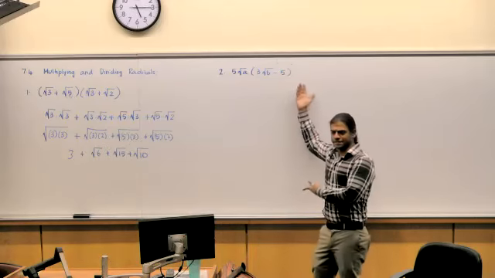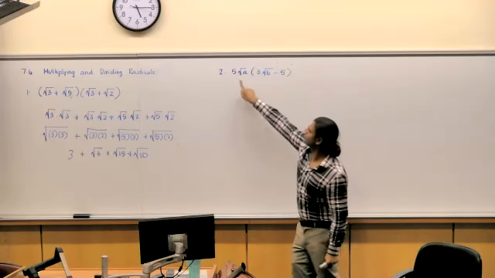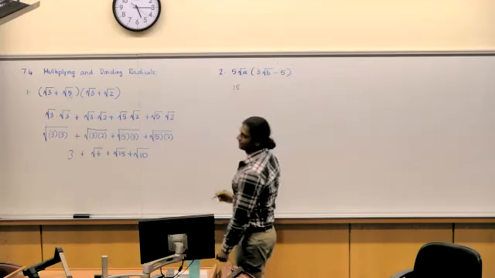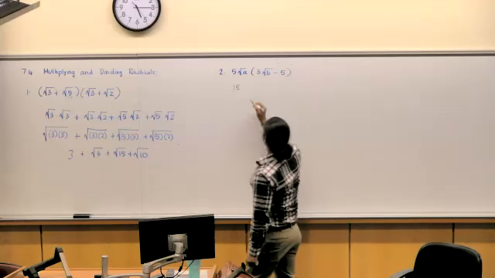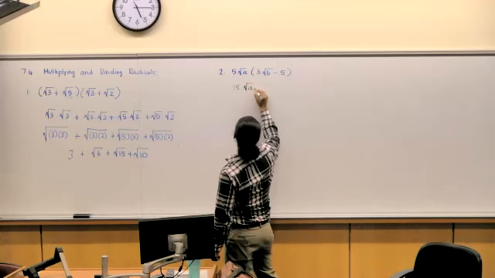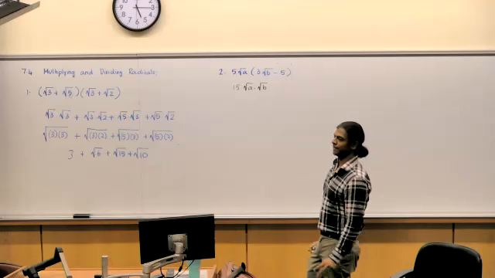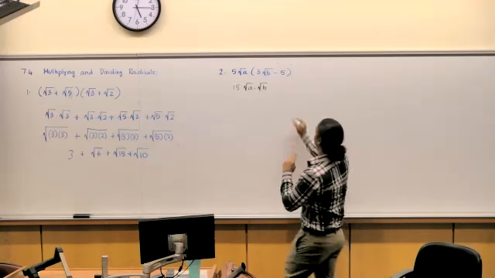We should just distribute. So 5 times 3, 15, root A times root B. Yes, I'm just distributing.